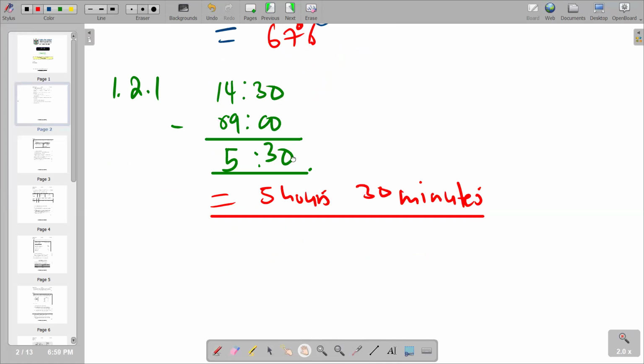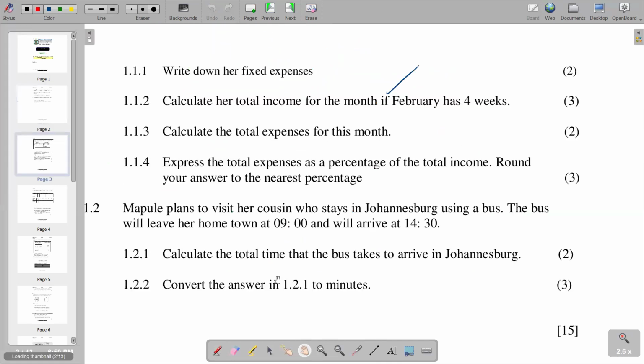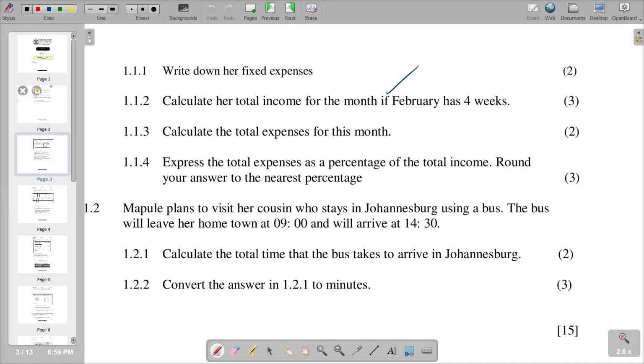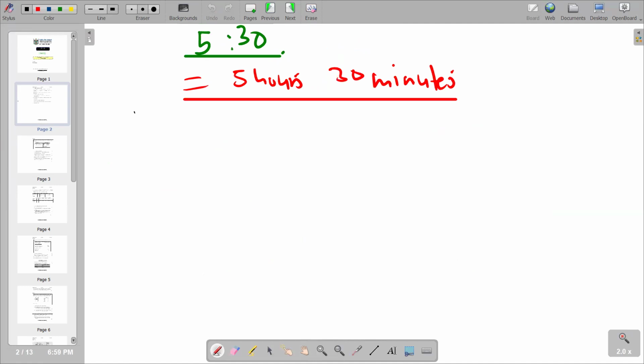So we move on to the next part of our question, which is going to be the last question on question 1. Convert the answer in 1.2.1 to minutes. This is now our 1.2.2, whereby we know that 1 hour is equal to 60 minutes. So of course we have to change our hours to minutes. So it's going to be our 5 hours times 60.